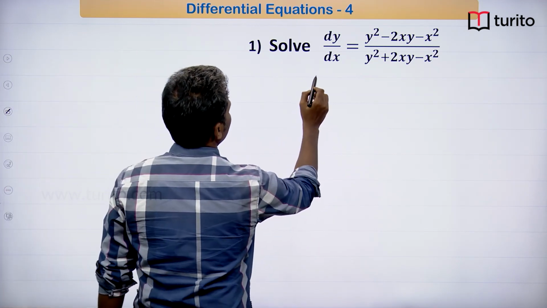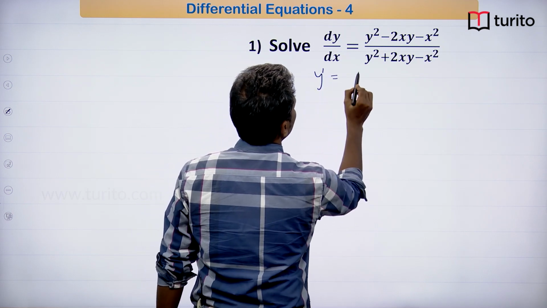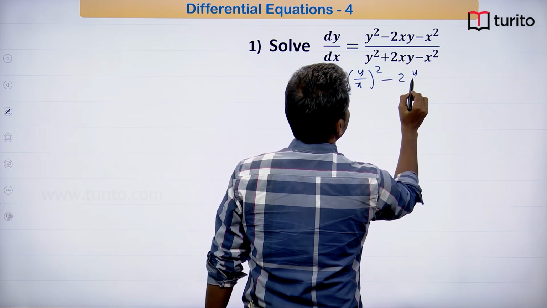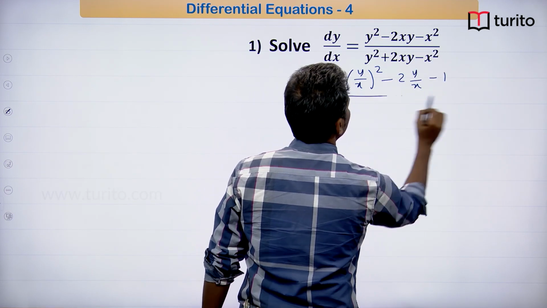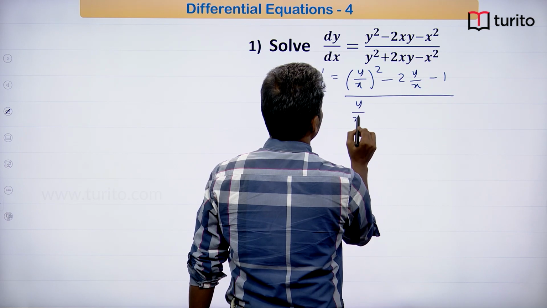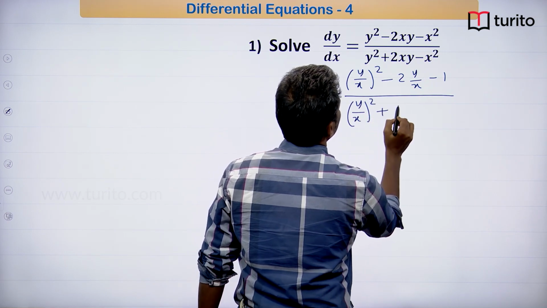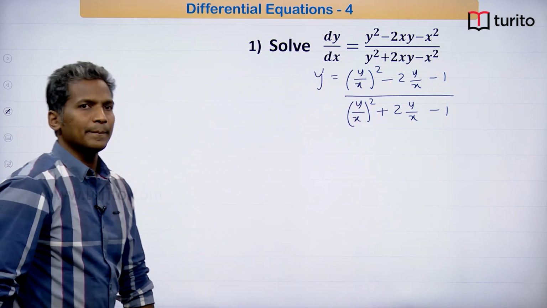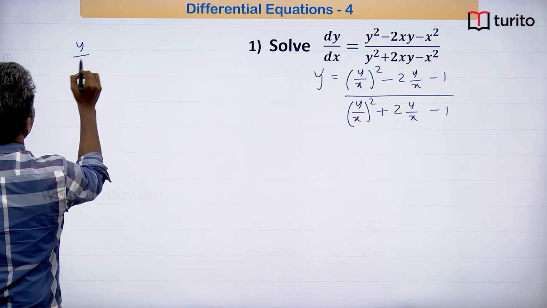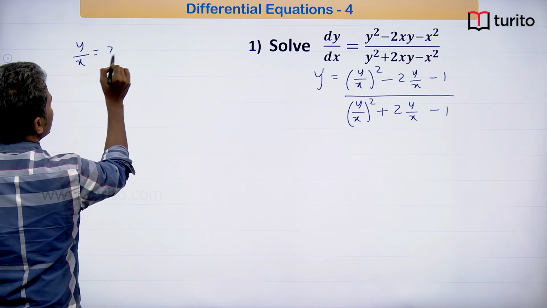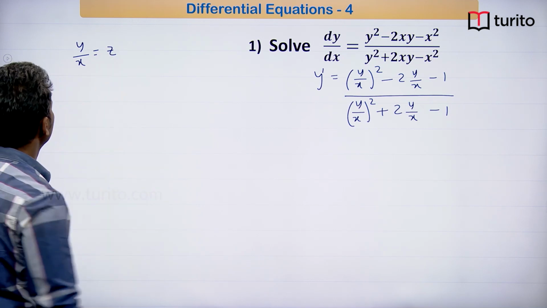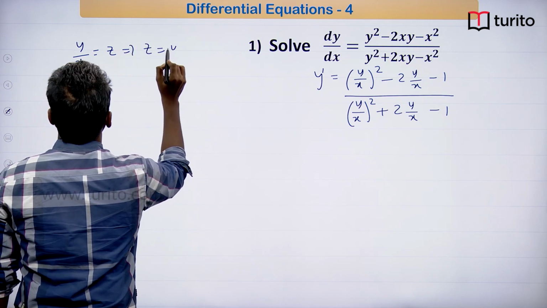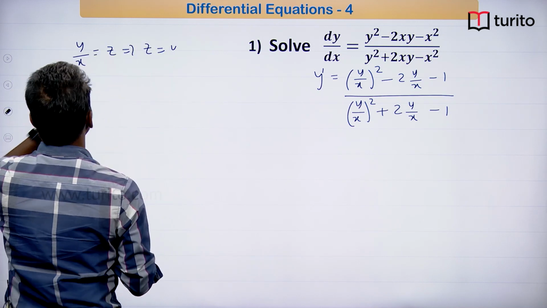Okay. So here it is y dash is equal to (y by x) whole square minus 2 into y by x minus 1 divided by (y by x) whole square plus 2 into y by x minus 1. Okay. And we are taking basically y by x as one new variable, let us say z, which also means y equals zx.